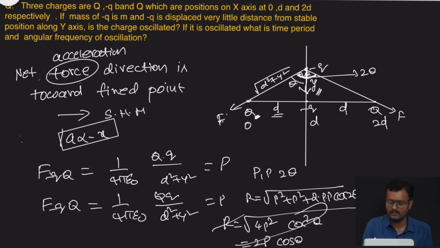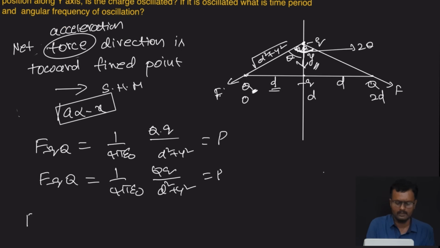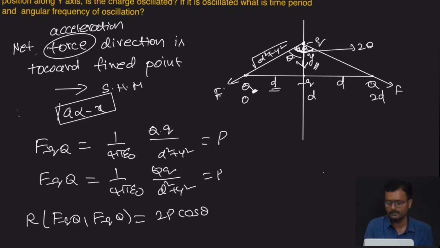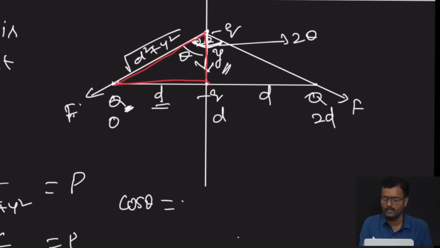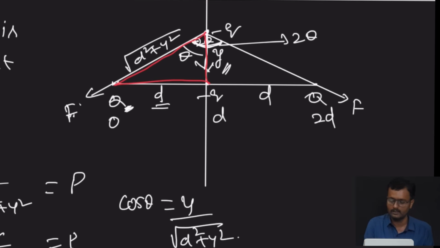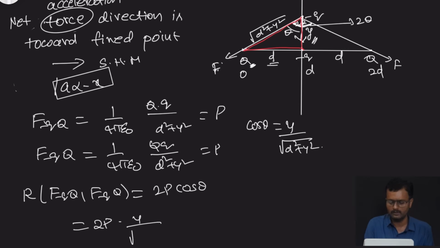So the resultant of the two forces is 2P cos theta. What is cos theta? From this triangle, cos theta is y by the hypotenuse, y by square root of d square plus y square.